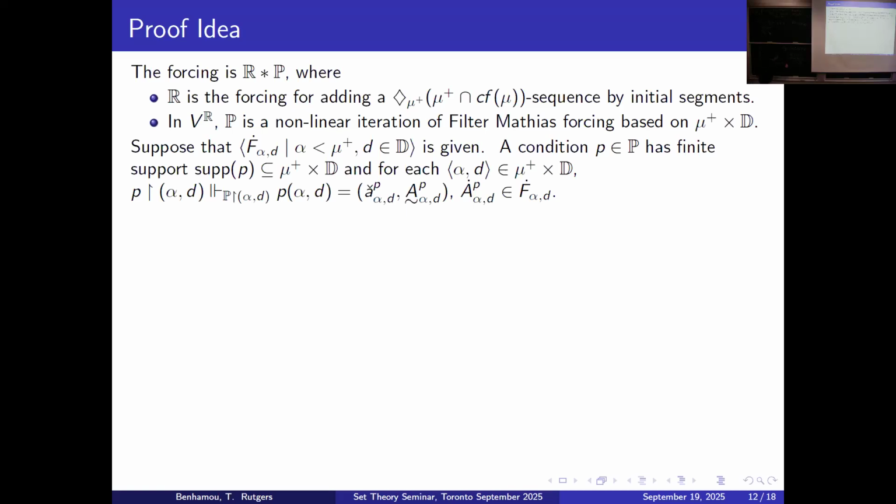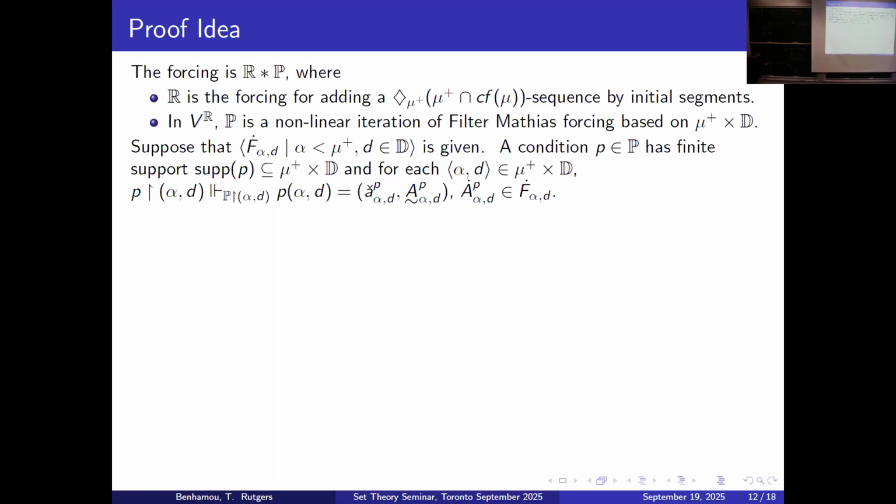The P restriction to alpha D means basically the cone below alpha D. So you consider only the coordinates in the support of P which are below, in that weird ordering, that pair alpha D. Okay, so if I'm here at the point alpha D, I only restrict myself to this area.